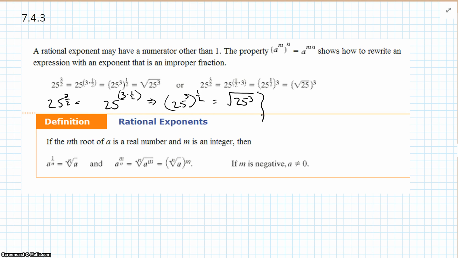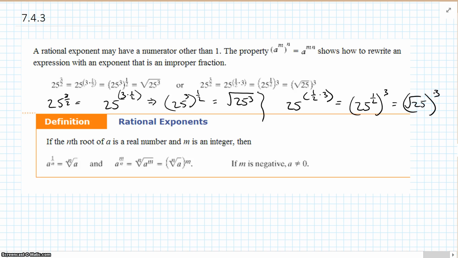Or conversely, it could be written as 25 to the 1/2 times 3 power, which could be 25 to the 1/2 cubed, which is the same thing as the square root of 25 cubed. So notice it doesn't matter the order.